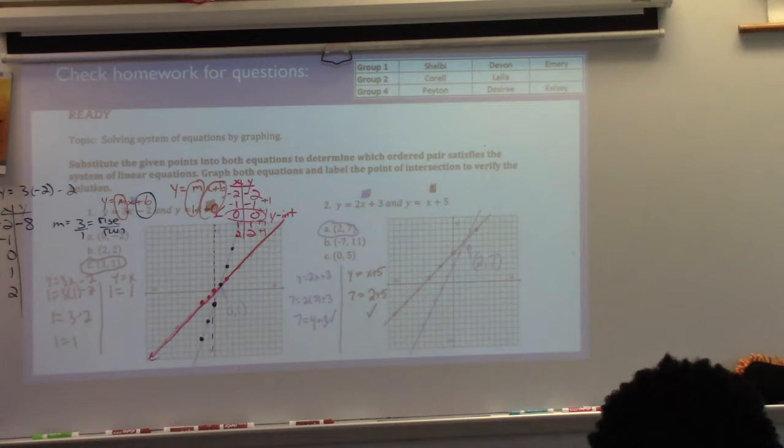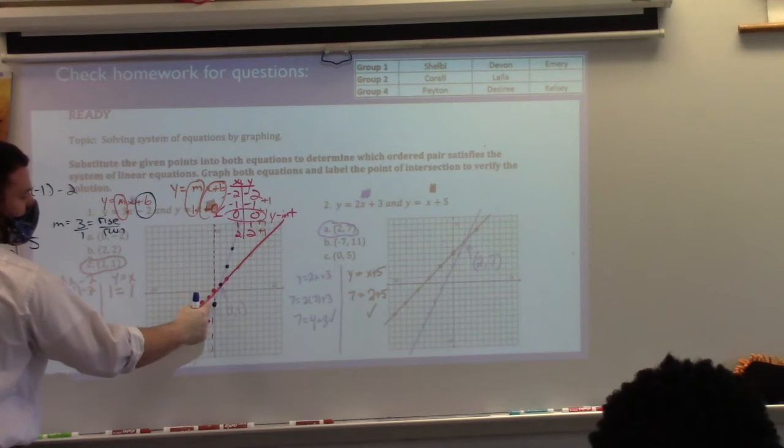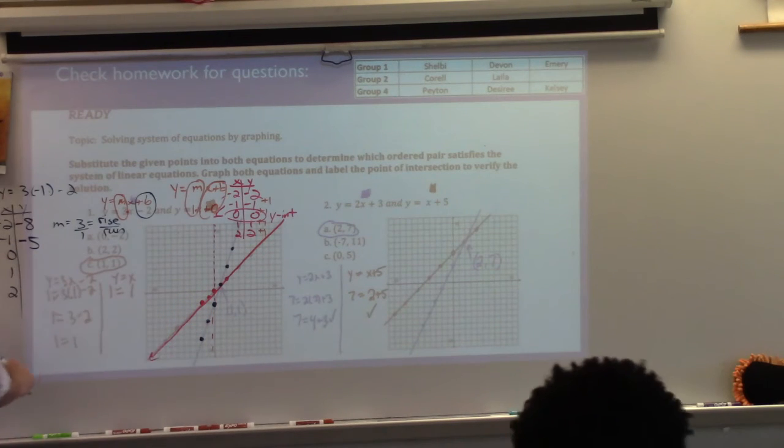Is that a point on the line? Yep. That I more easily found just by doing the y-intercept and the slope? Yeah. But you can plug these numbers in. What's 3 times -1? -3. -3 minus 2 is -5. So -1, 1, 2, 3, 4, 5. There it is.